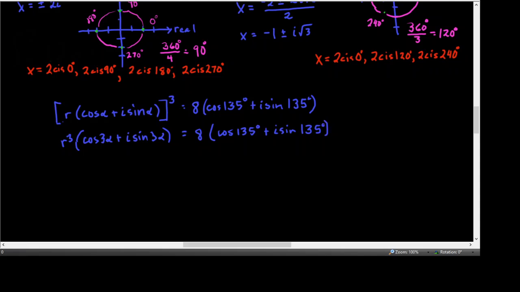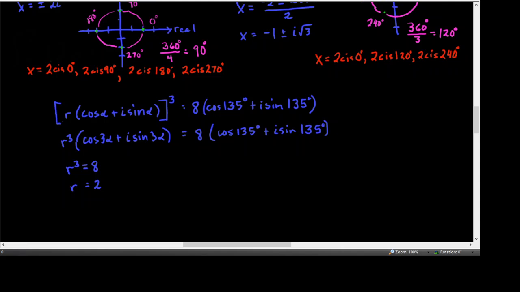Okay, so equating the parts of the two sides to each other, that means that r cubed has to be 8. And taking the cube root, that means that our r will be 2.